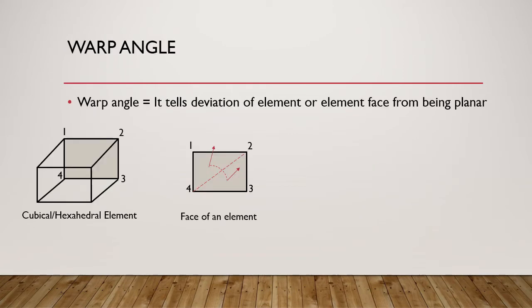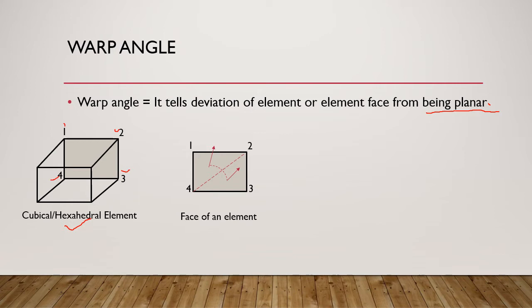Now next is warp angle. Warp angle tells you the deviation of an element from being planar, how far it is from being planar. You take any hexahedral element, and take any face from it, let's say a face made from node number 1, node number 2, 3 and 4.